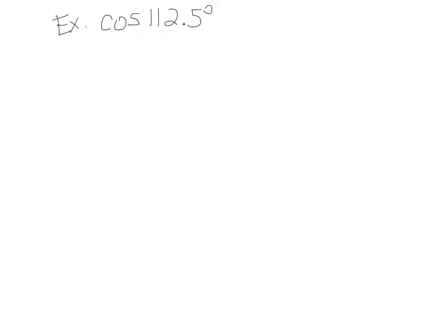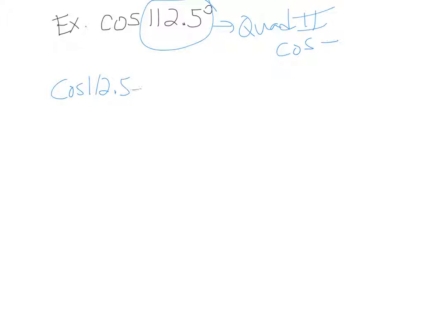Let's try the cosine of 112.5 degrees. 112.5 would fall in quadrant 2. And in quadrant 2, the cosine is negative. We double the 112.5, so cosine of 112.5 equals cosine of, and if you double 112.5, you get 225 over 2.